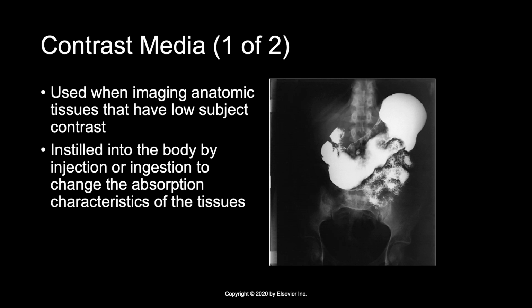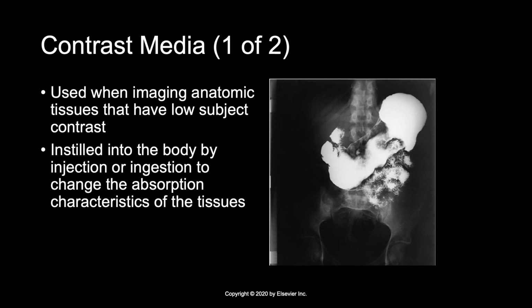There are positive contrast agents, and these contrast agents are barium with an atomic number of 56, and iodine, atomic number 53. They have high atomic numbers and absorb more X-rays, which increases the attenuation of the surrounding tissue.